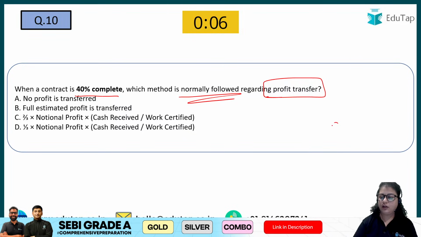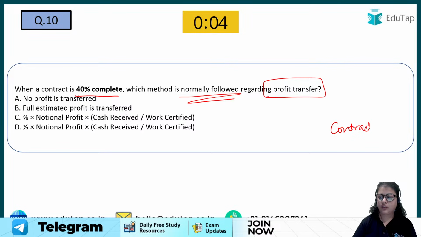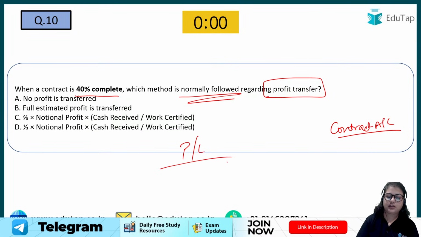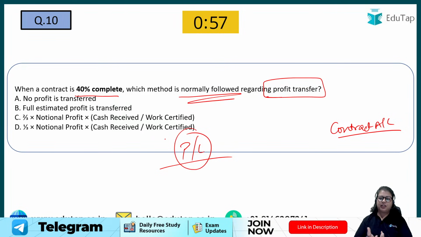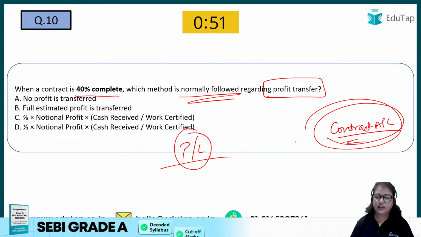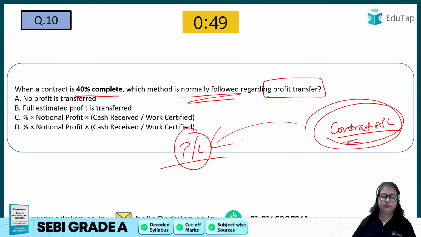Okay, we are making a contract account which is only for a particular contract, but we are also making a profit and loss statement that is related to the whole firm. Okay, because this is a financial account. So a part of the profit will be transferred from the contract account to the profit and loss account.